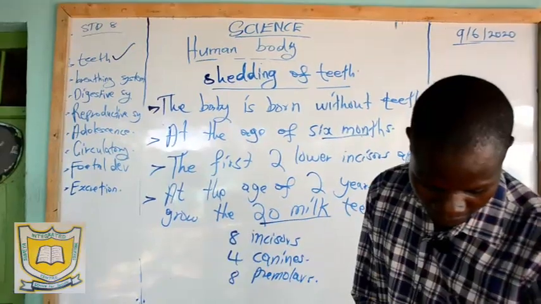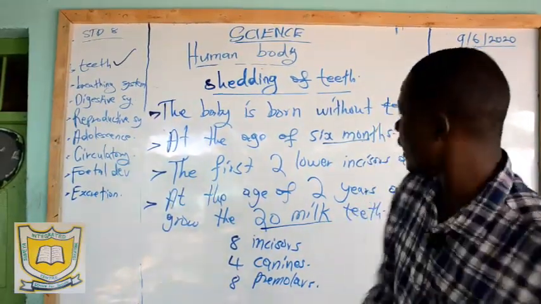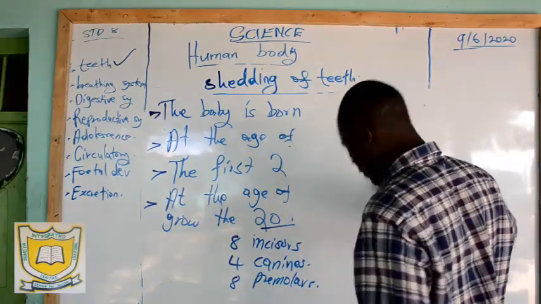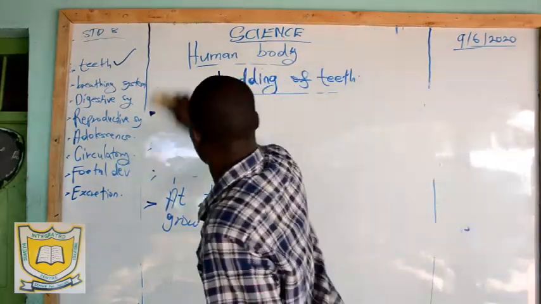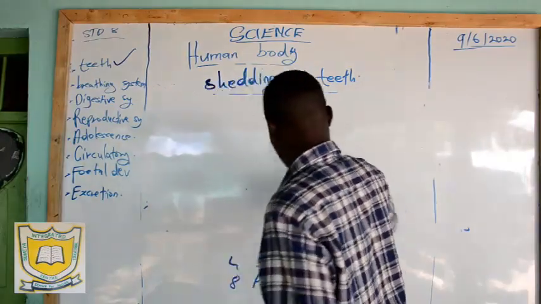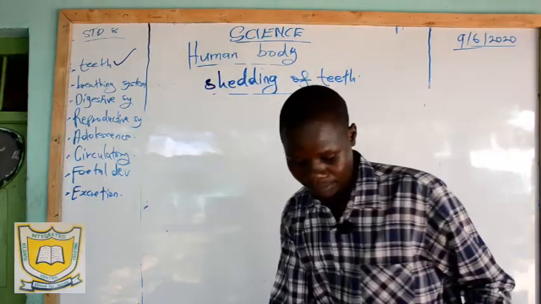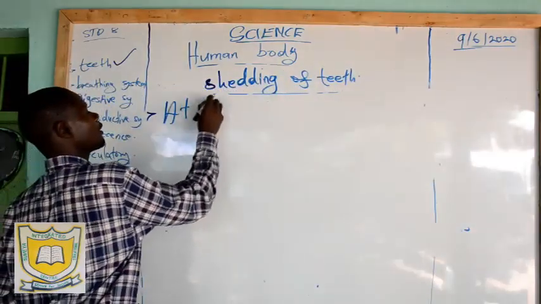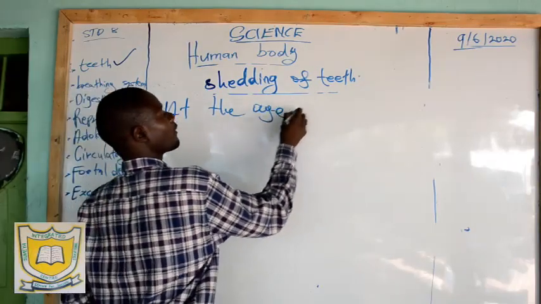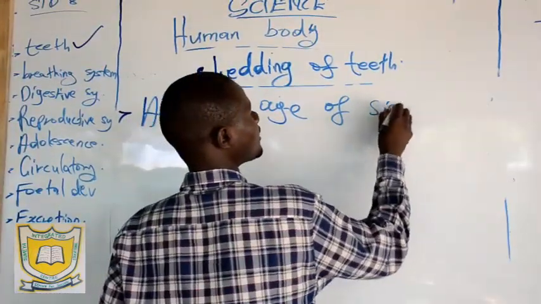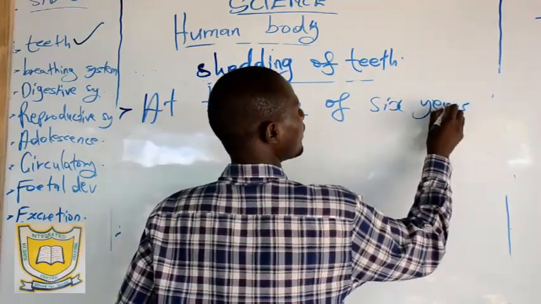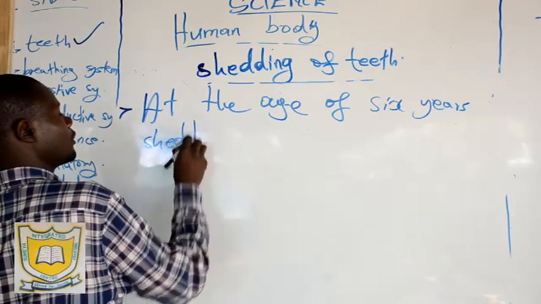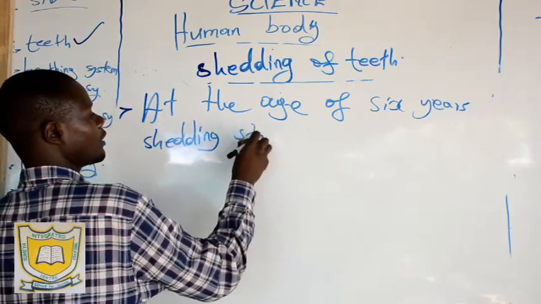From there, let us now start talking about shedding. What is shedding, and at what age does a baby start shedding teeth? You find that at the age of 6 years, shedding starts.